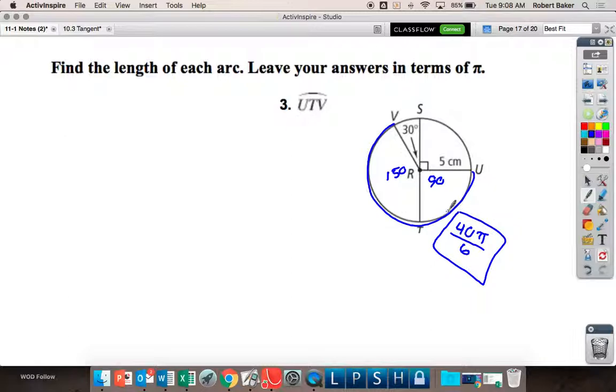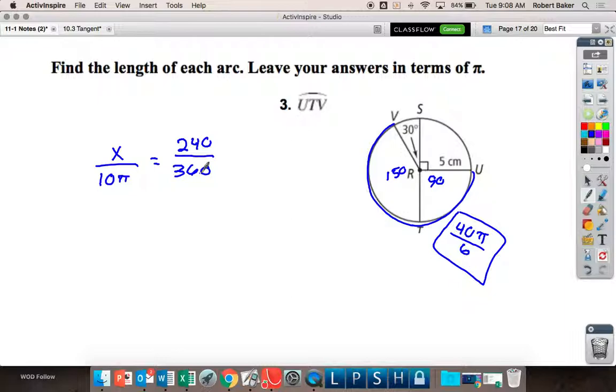So if we're going to solve for UTV, we're going to do x over the circumference of the circle, which we discovered earlier was 10 pi. Then the number of degrees that describe UTV, 240 degrees, over the number of degrees of the whole circle.